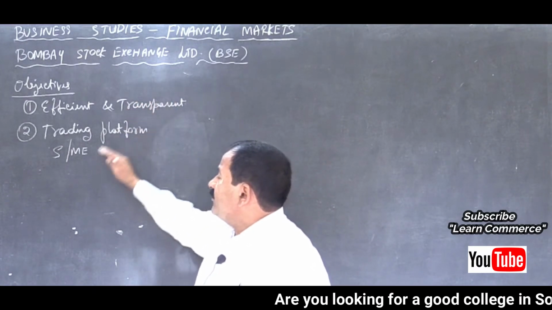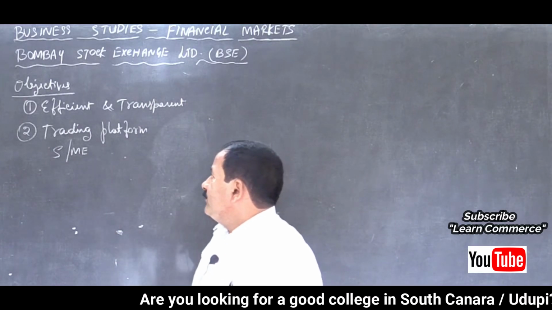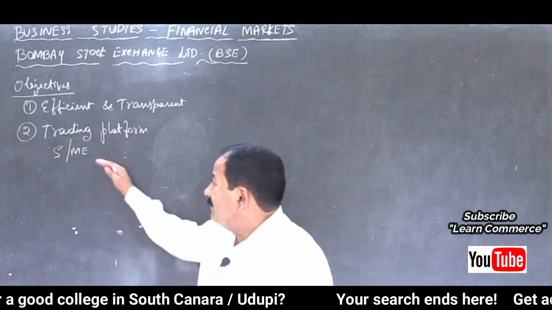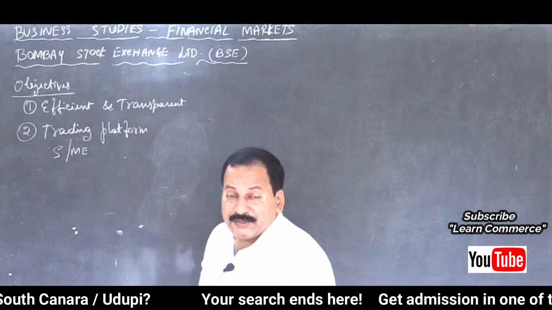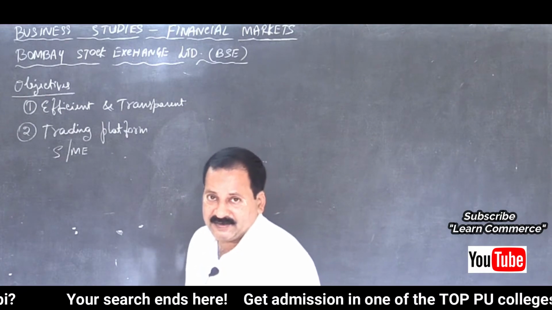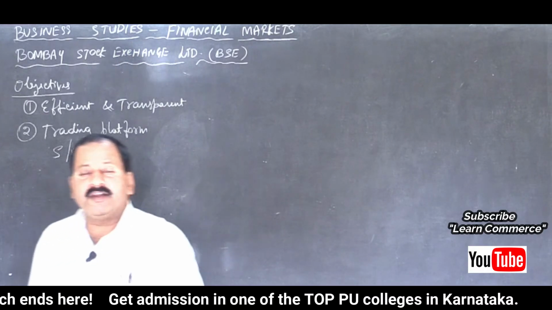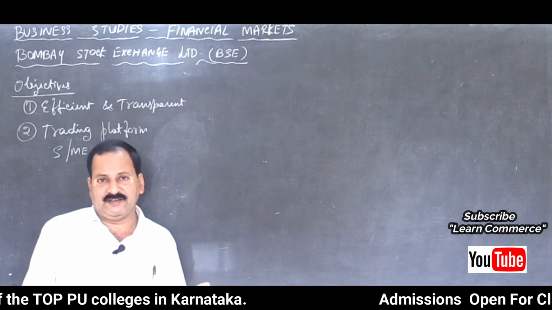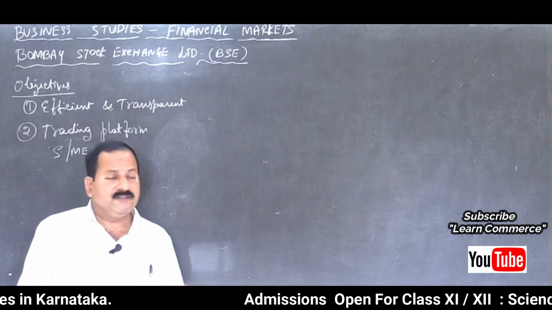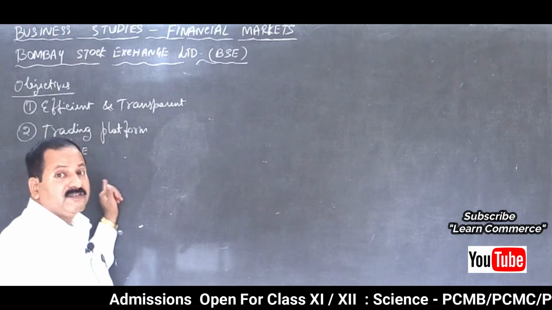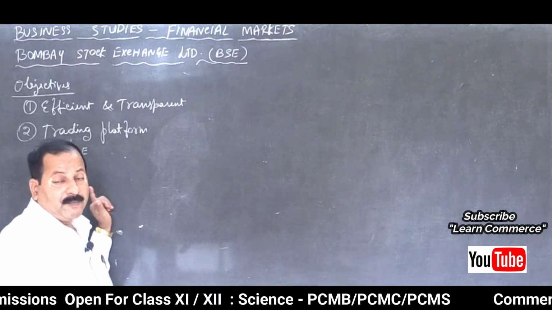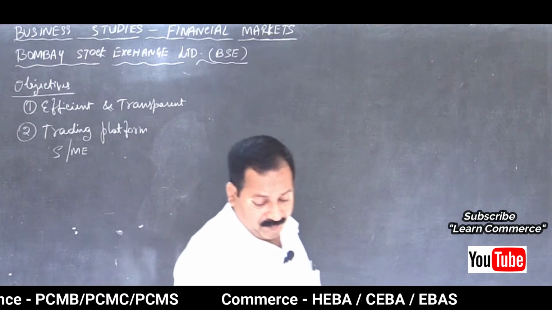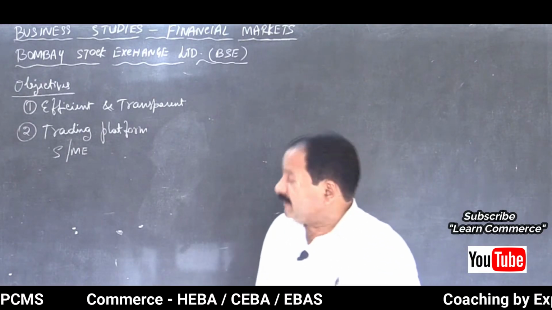So the Bombay Stock Exchange has been established to give a clear and efficient platform for trading the securities of small and medium enterprises, so that they can raise money from the market. They can sell their securities in the market and raise money so that they can run their business in an efficient way. That is the second objective of BSE Limited.